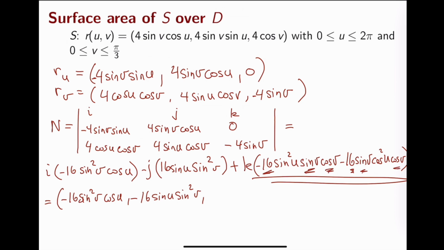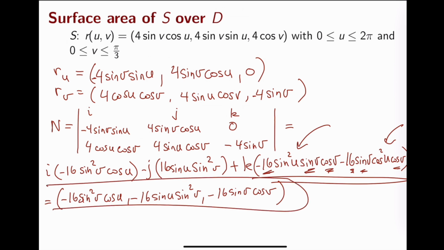So taking all that as a common factor, we get minus 16 sine v cosine v, and inside remains sine square plus cosine square, that is just 1, right? So we just don't need to write it down. This will be then the normal vector.